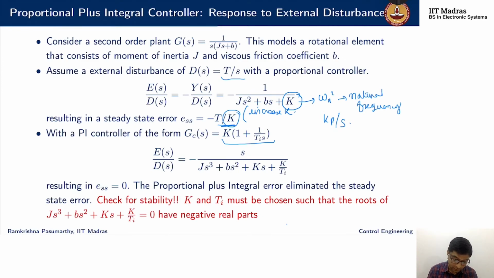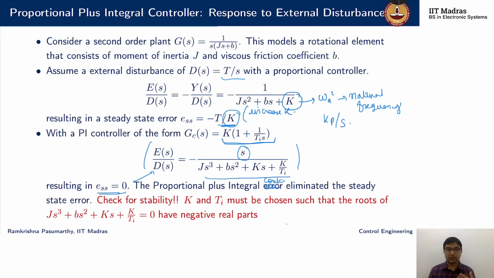With this controller, the error to disturbance ratio becomes this, and because of this s in the numerator, also because I'm increasing the type of the system by one, the steady state error because of disturbance becomes zero. So the proportional plus integral control eliminated the steady state error.